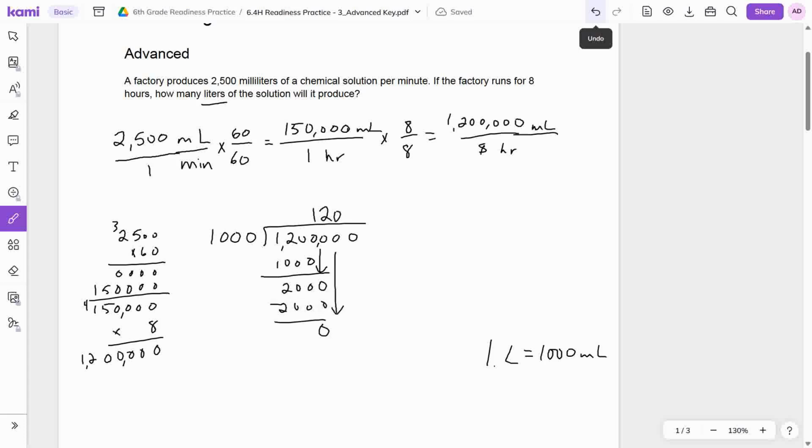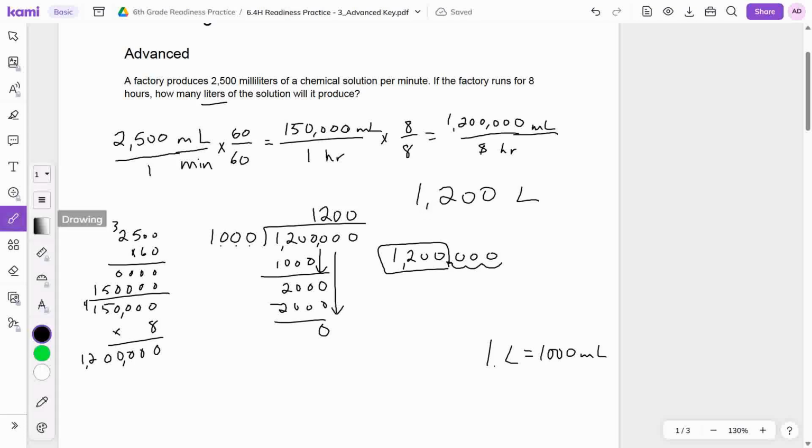So we can just add 2 zeros here, 1,200, or we can realize when we divide by 1,000, we just end up taking our decimal and moving it 3 spots. 1, 2, 3, and look what I'm left with, 1,200. So how many liters of solution will it produce? It's going to be 1,200 liters. And let's definitely put a green box around that.